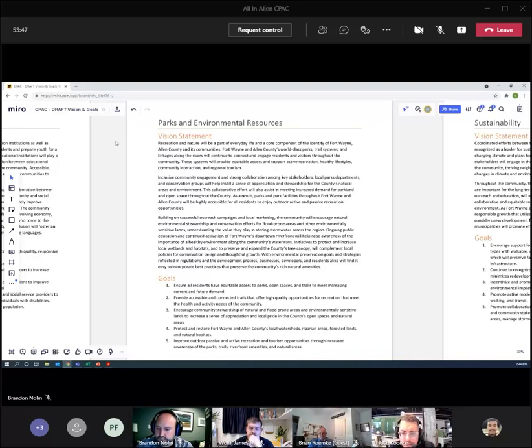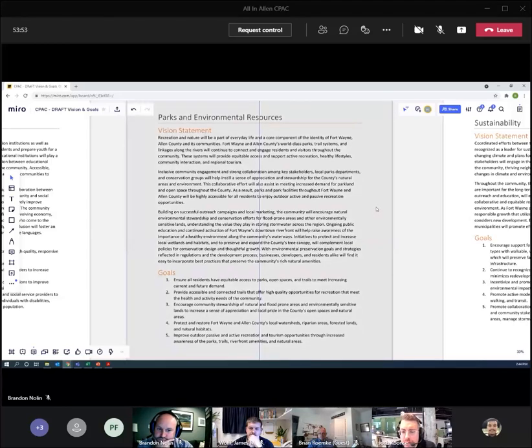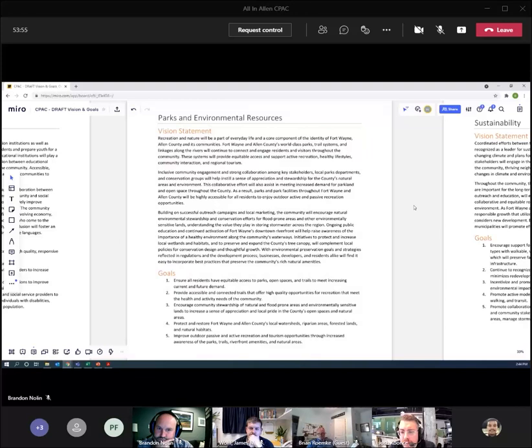And fifth, improve outdoor passive and active recreation and tourism opportunities through increased awareness of the parks, trails, riverfront amenities, and natural areas. And open to input on the Parks and Environmental Resources vision and goals.